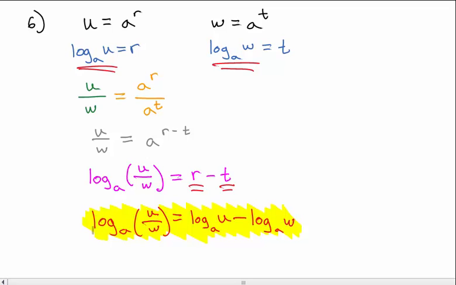Another thing that makes sense is a negative log, the second piece, you could think about as a negative exponent. And where do negative exponents end up? On the bottom of a fraction. So this property just makes sense all around when you think about it in terms of the fact that a log is an exponent. Negative exponents go on the bottom. Division, we subtract exponents. It just all works.